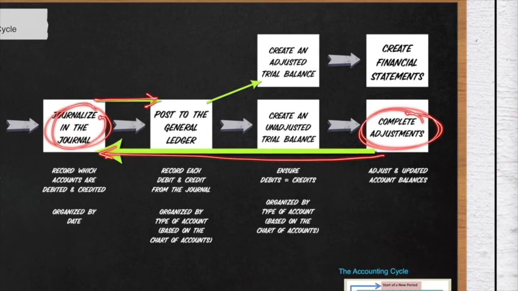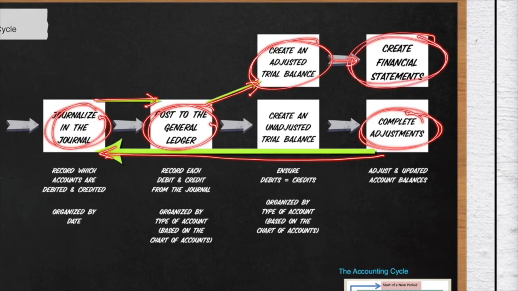And just like normal, after journalizing in the journal, you must post to the general ledger or post to the GL. After posting to the general ledger, then you create another trial balance, and this time it's called the adjusted trial balance because you recorded the adjustments for the month or for the accounting period. And after that, then you create the financial statements.